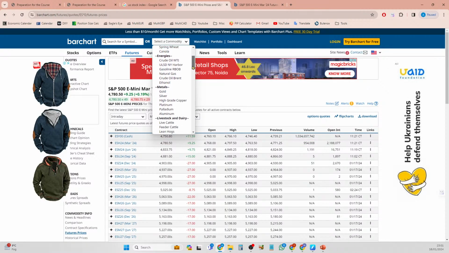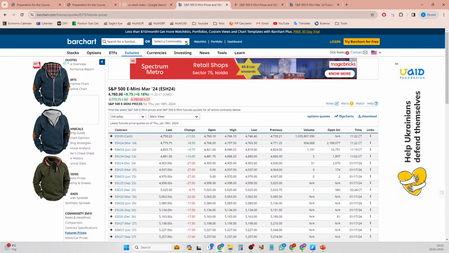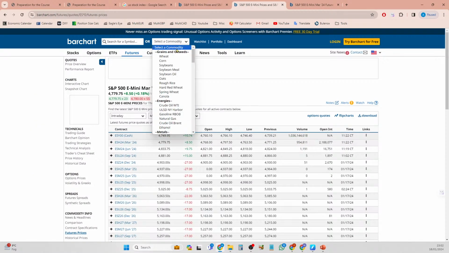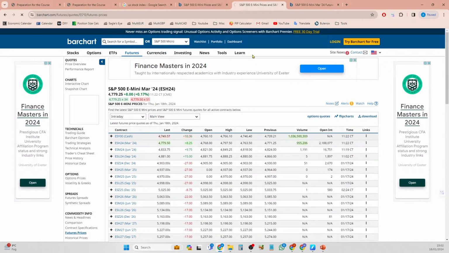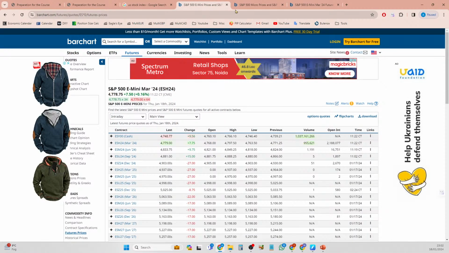So S&P 500 micro is 1/10 of S&P 500 e-mini. And how they are different, we can just see it by comparing them in a parallel window. Let me duplicate this tab. So in one we'll have e-mini, and in the other let's have a micro. Okay, so let's see how they differ.